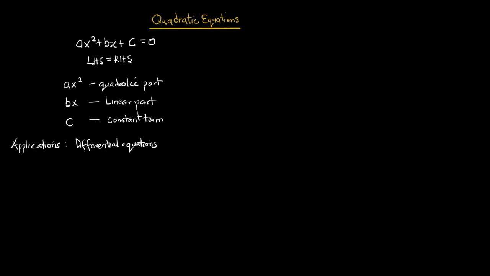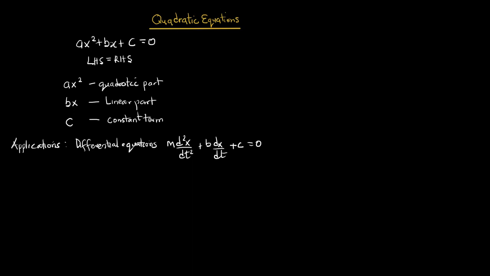We could have an equation of the form, for example, d squared x over dt squared plus b dx over dt plus c is equal to 0. This is typically in a mechanical system where you have a little bit of vibration.